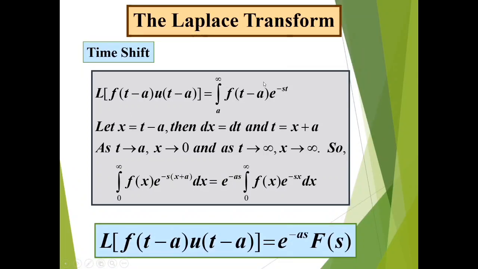Here t minus a is taken as x, so we have to convert all t minus a to x. We get x equal to t minus a, then dx equal to dt, so t is equal to x plus a. I think dt is missing there. Sorry.